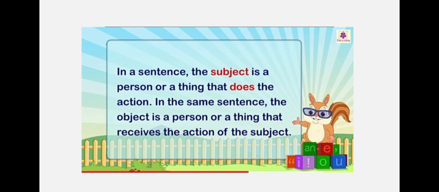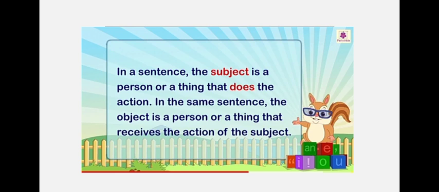Now, in the very same sentence, again, there is a thing called object, okay? Now, what is an object? The object is a person or thing, which means a noun, okay? In a sentence itself, we have the subject and an object. So even the subject is a noun and even the object has to be a noun. But what is an object exactly?